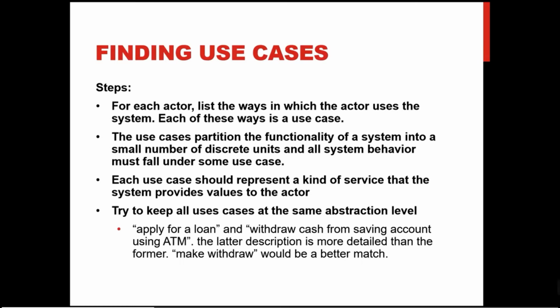It means we should focus on the actor, and focus on the interaction of the actor with the system, and each kind of interaction may be a use case. And the use cases partition the functionality of a system into a small number of discrete units. And all system behavior must fall under some use case.